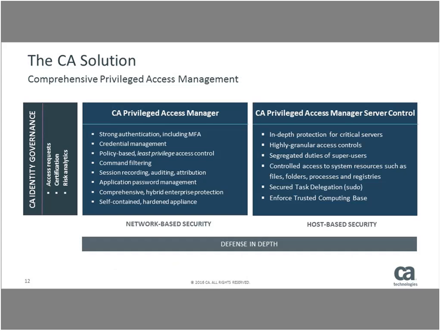Last week, we took a look at Privileged Access Manager Server Control. It's a product that CA has had for a long time, and we've always been a leader in that space and provide the gold standard for server security, Windows, Unix, Linux, and provide mainframe-strength security on those platforms.